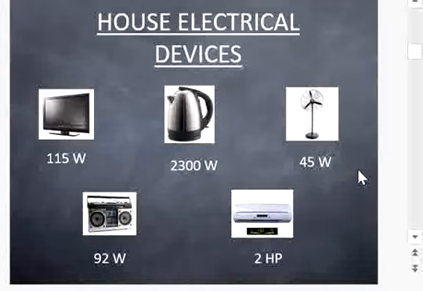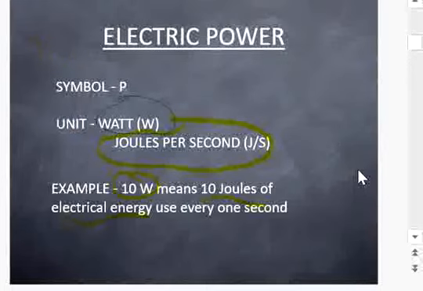With this amount of power, we understand what they mean. For example, 115 watt means 115 joules of energy used in every 1 second.